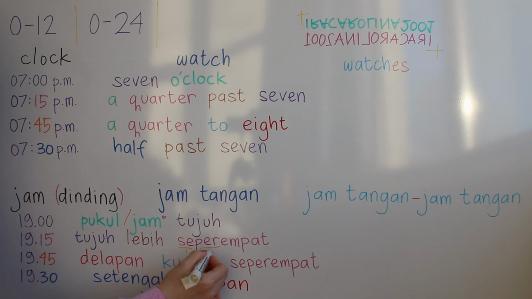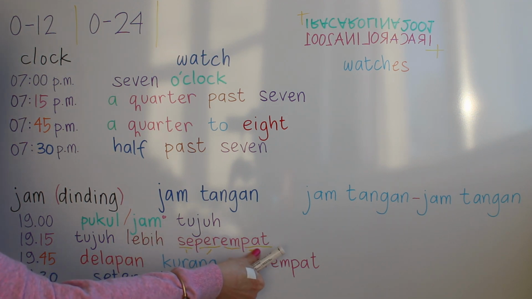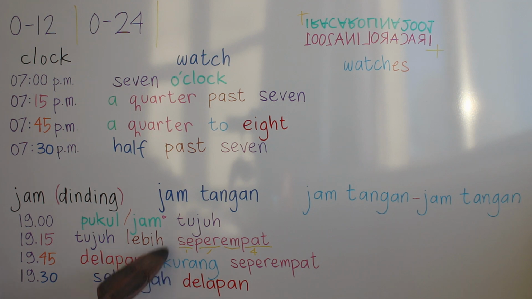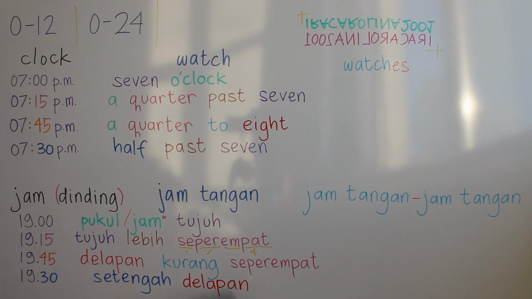Per 4, 1/4, a quarter. Seperempat, one word. A quarter past 7: 7 lebih seperempat.